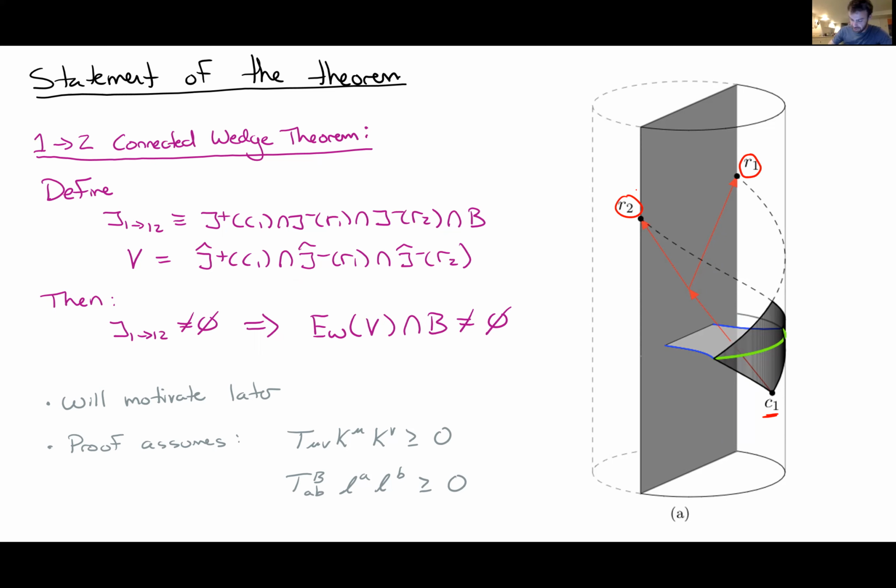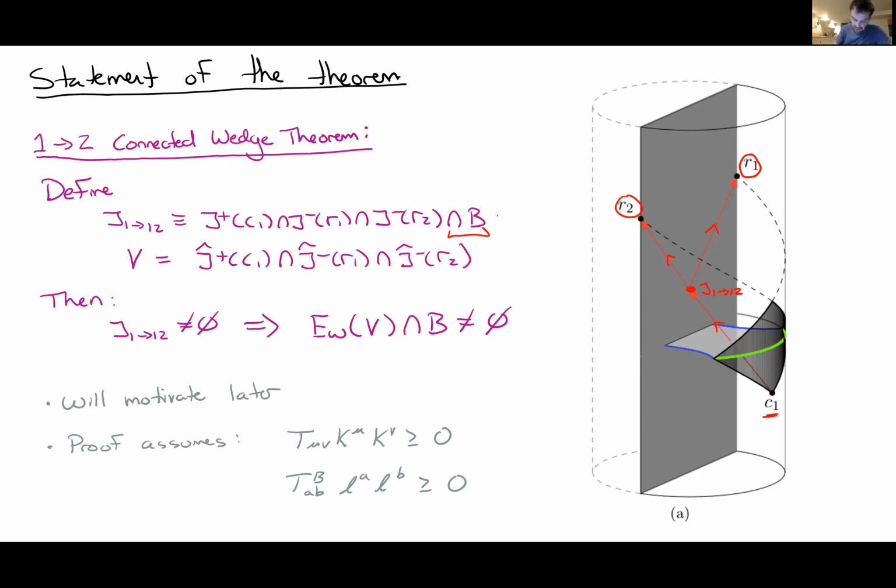Then what we do is we check, do these 3 points scatter off the brane? By that, I mean that there's some point here, which I'm calling J1 goes to 1, 2, which is in the future of C1 and the past of R1 and R2, and is also on the brane.